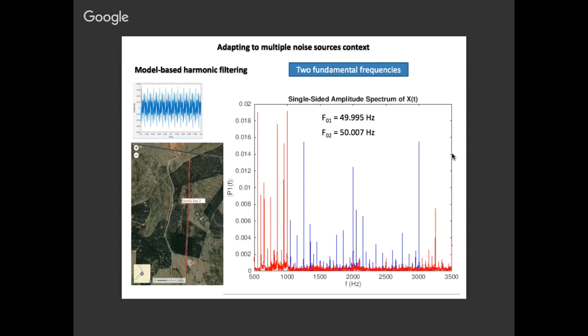And then you have an even better noise reduction. But the thing is that when you start doing that, you're building a more complex model. You have a computation cost that increases quite fast.